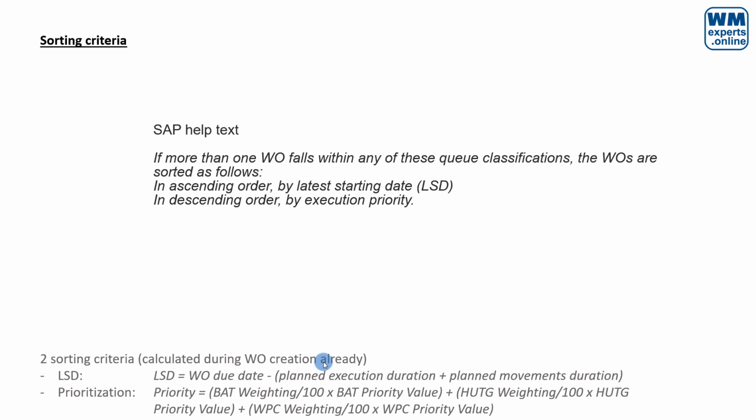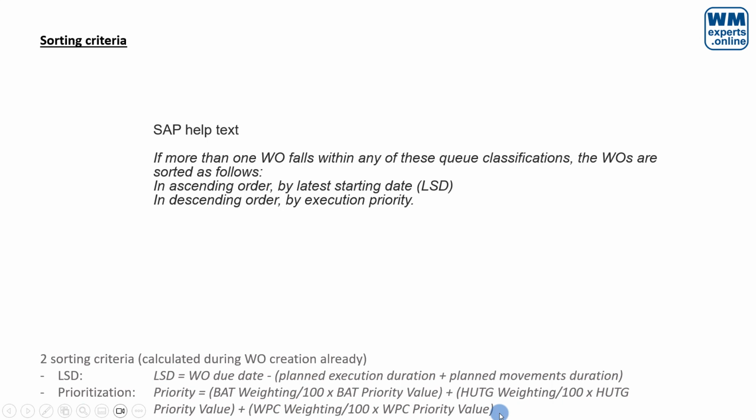The priority value for the warehouse order, both values are saved on the header of the warehouse order, is calculated by the weighting for the bin access type times the priority for the bin access type value, plus the weighting for the HU type group times the priority value, plus the weighting of the warehouse process category times the priority value.